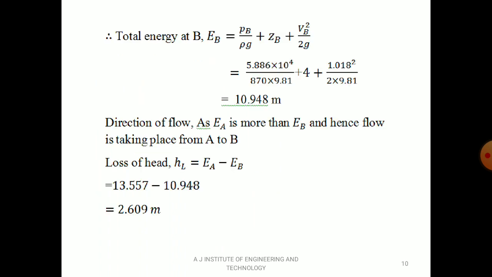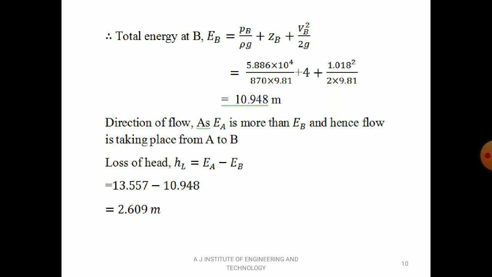Next, total energy at B, represented by EB. Just replace PA by PB, ZA by ZB and VA by VB. So the expression is EB equal to PB divided by rho g plus ZB plus VB square divided by 2g. We know values of PB, ZB and VB, so we can just substitute. EB equal to 5.886 into 10 to the power 4 divided by 870 into 9.81.